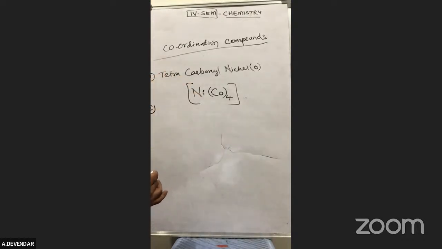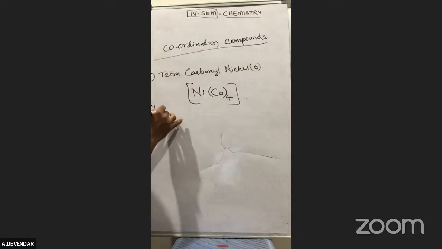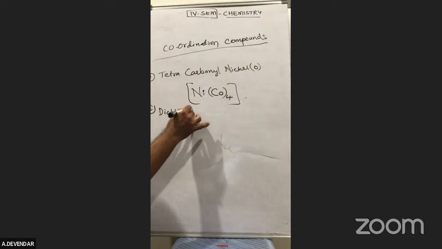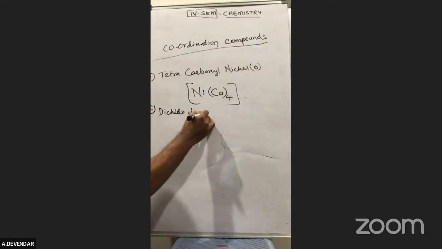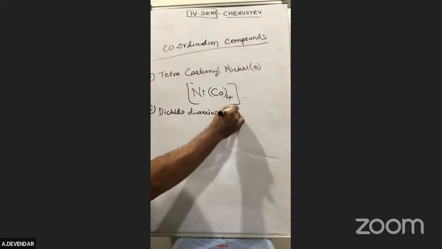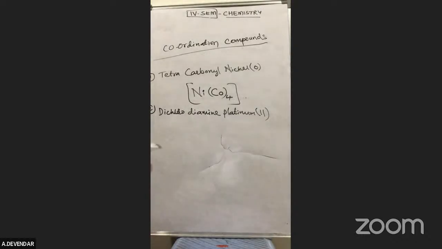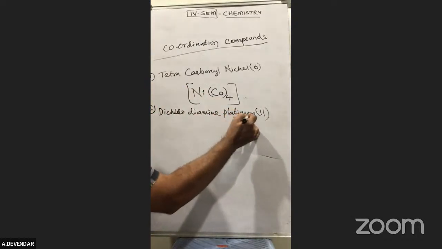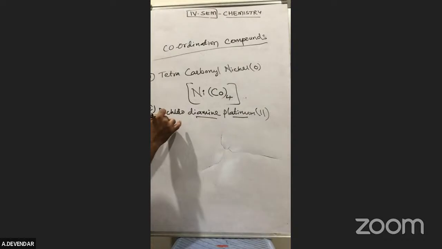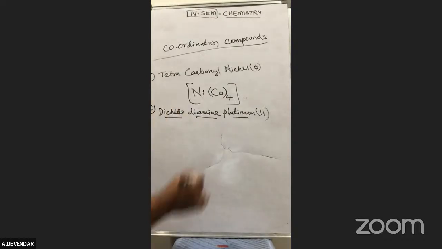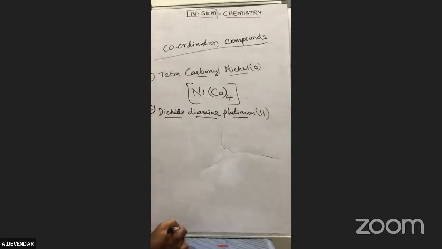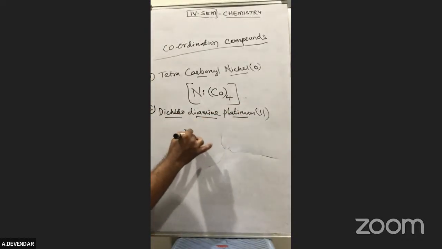Next, dichlorodiamine platinum 2. The 2 means the central atom has oxidation state +2. Amine is also a neutral ligand. Chlorine is there. First, identify the central atom. This is the ligand, this is the ion. Here this is the central atom. Now write platinum, the central atom, first.